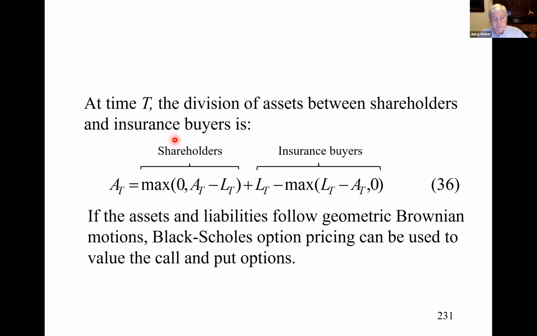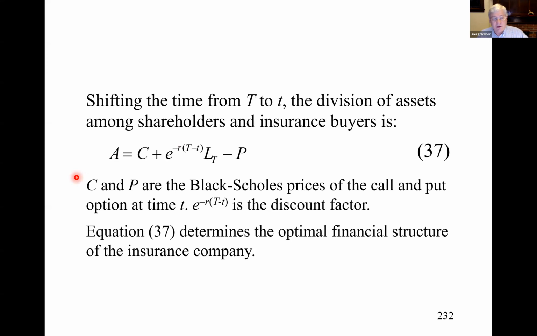So I'm shifting from A big T, I'm shifting to A small t, but in the book by Zweifel and Eisen, they don't write the small t here, so I also don't do it. But by shifting, I have then actually to discount the values of time big T. I must discount that one.